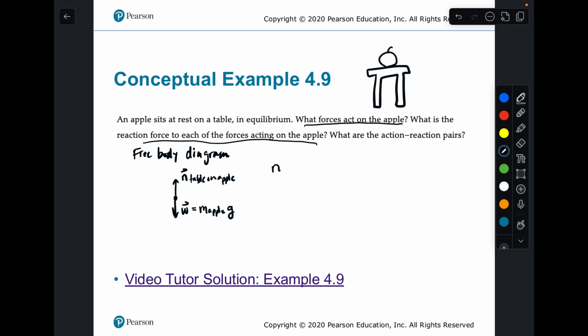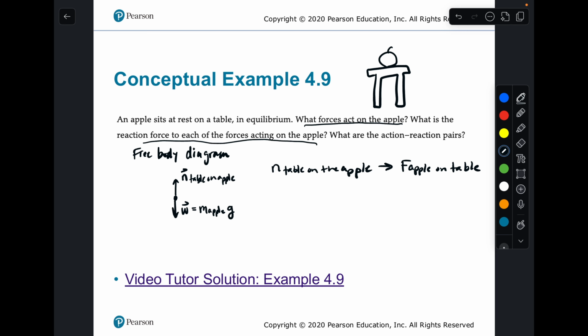So what is the reaction force to each of the forces acting on the apple? The normal force of the table on the apple, what is its action-reaction pair? Well, it's going to be the force of the apple on the table. It's the force of the apple pushing down on the table.